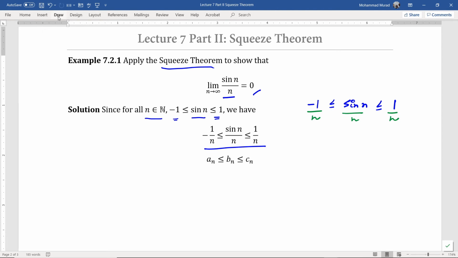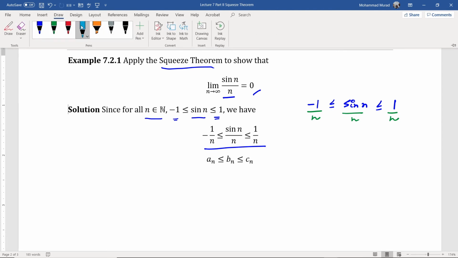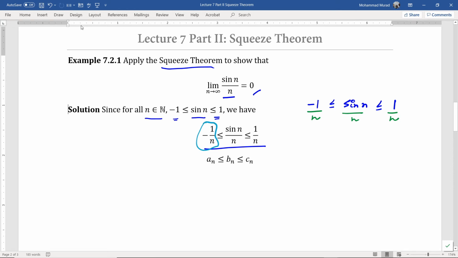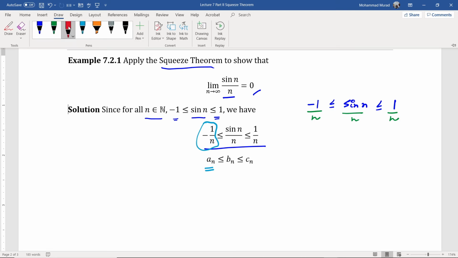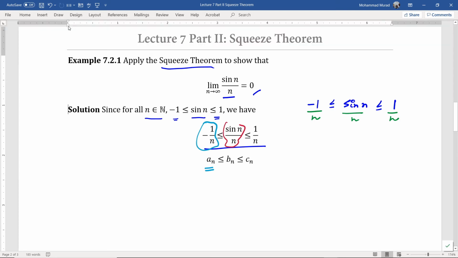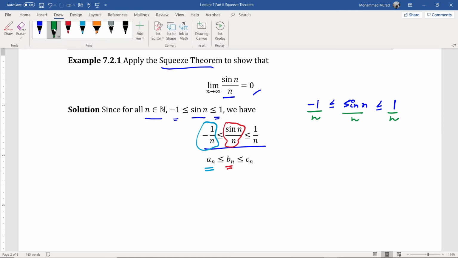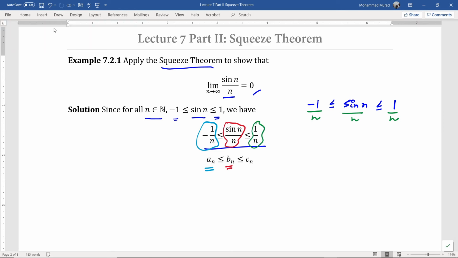Now we identify -1 over n as a sub n and sine of n over n as b sub n and 1 over n as c sub n.